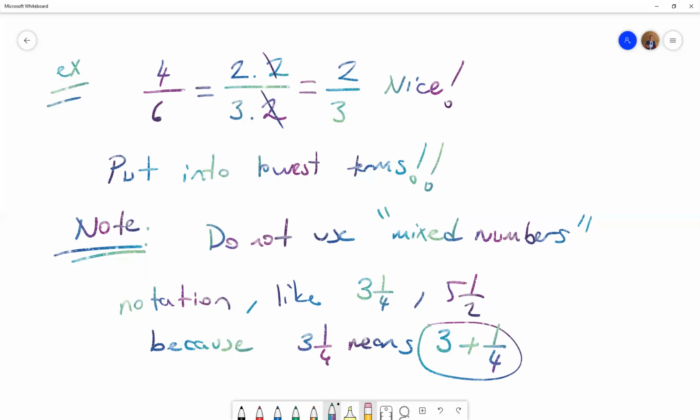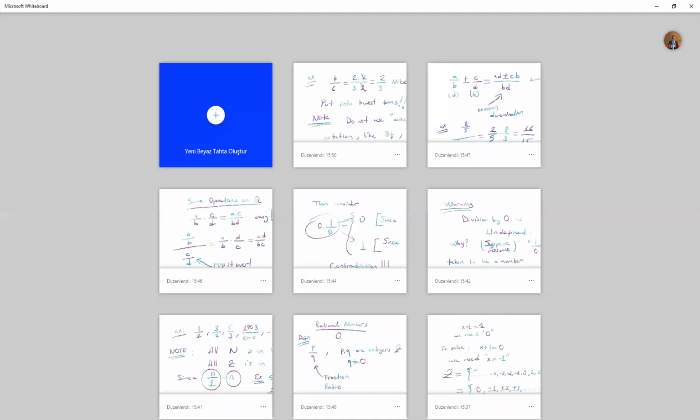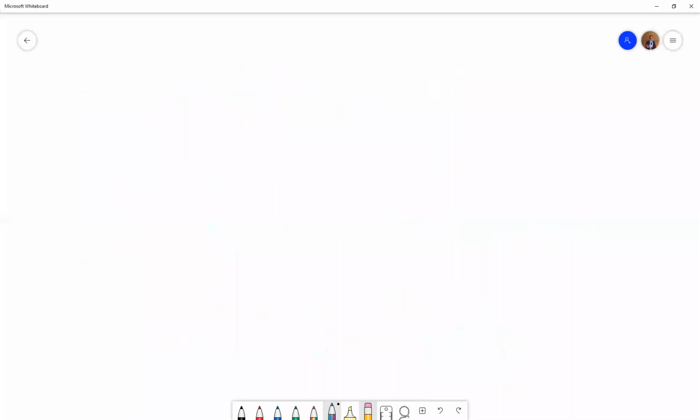Now let's continue with another one. After rational numbers we have a new set of numbers. These are irrational numbers.